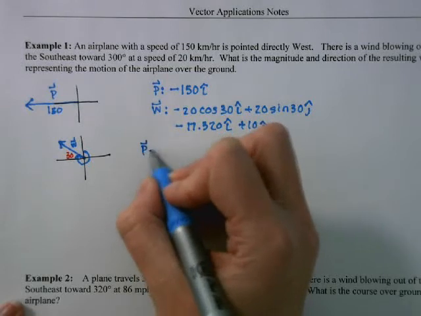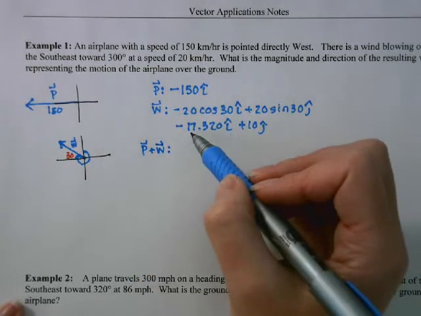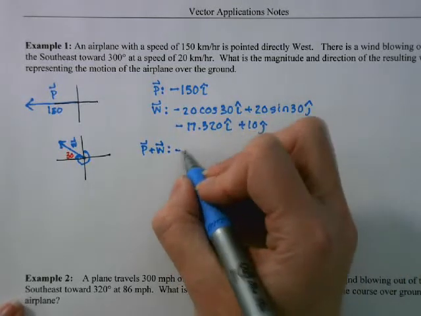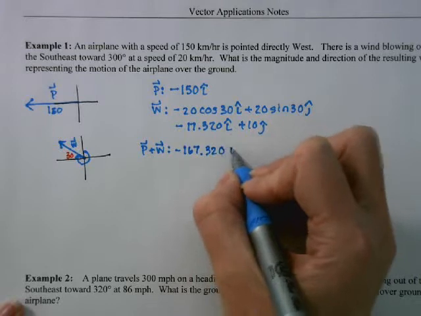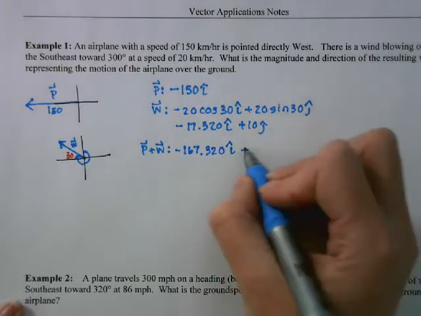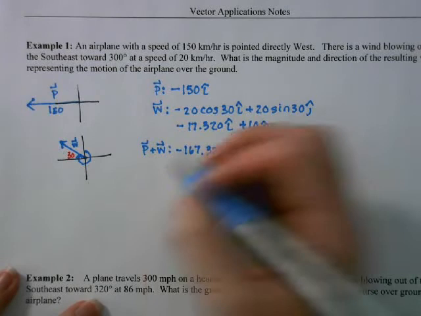Now I'm going to add those together. So add the 150 and the 17, so that's going to be negative 167.320. And then we just have that 10 in the y direction. Now we're going to find the magnitude and the direction of our resultant.